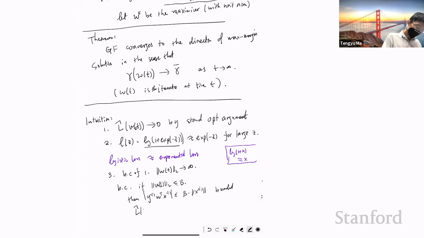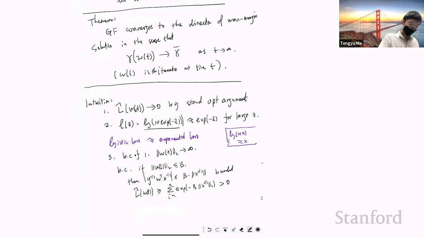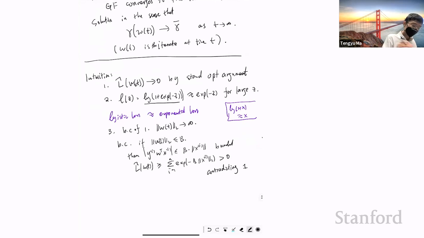Then your loss, L hat of W_t, is bounded below by something like exponential of minus B times the norm of x_i. This is bounded below by some number, very close to 0 but still positive, which contradicts the convergence to 0.